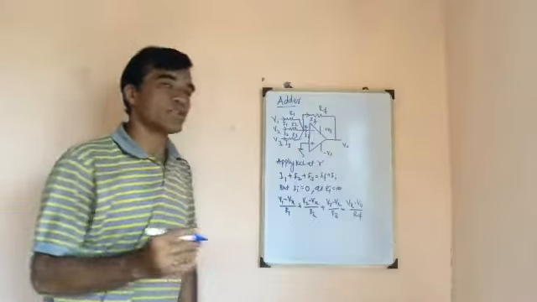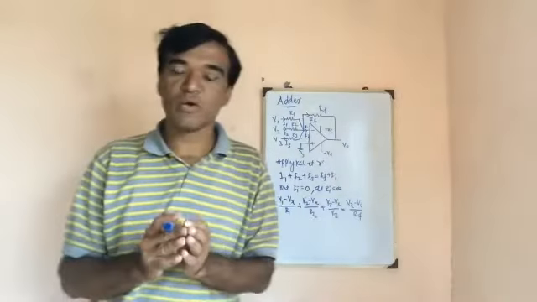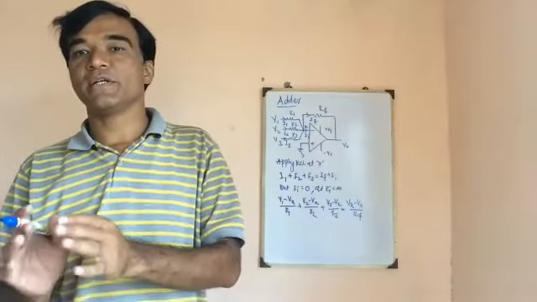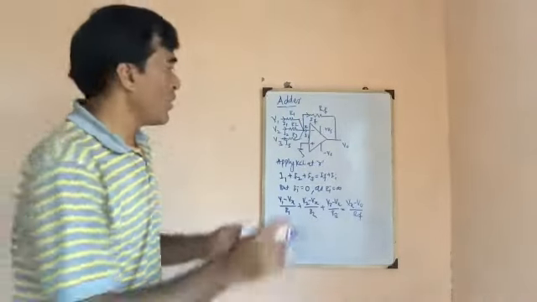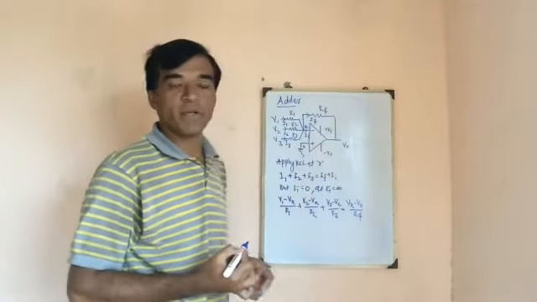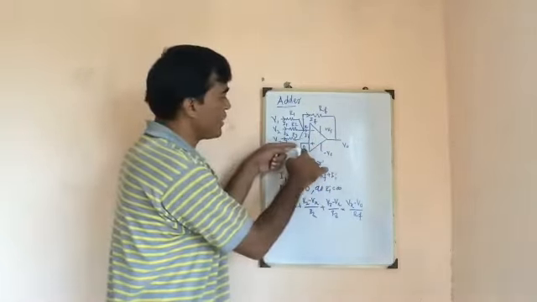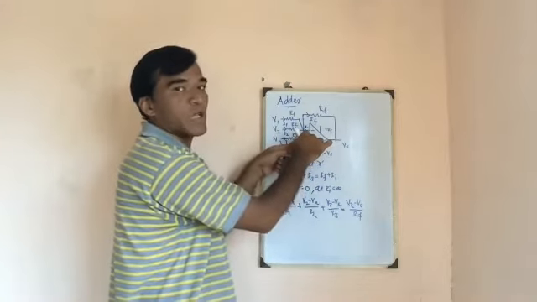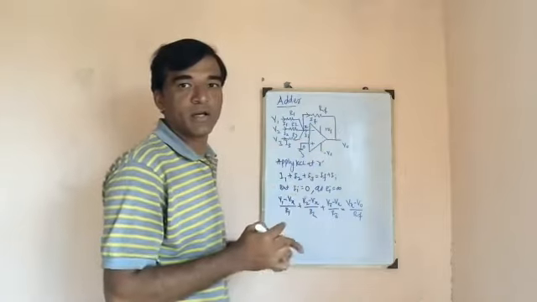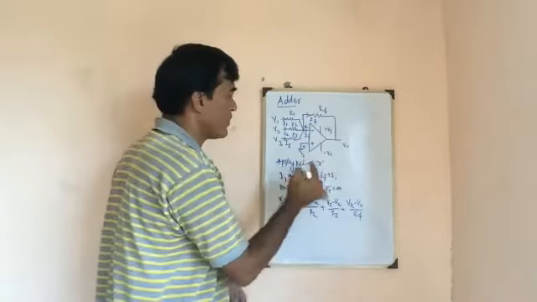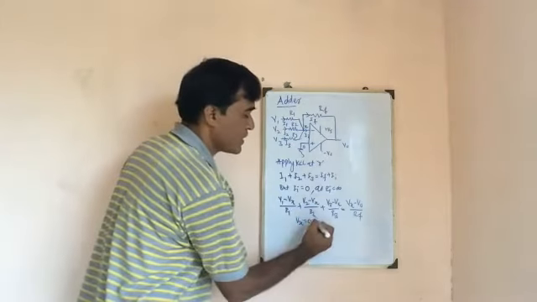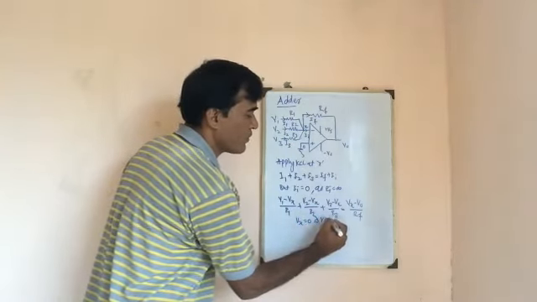By using the concept of virtual ground. What is the virtual ground concept? The voltage at the inverting terminal must be equal to the voltage at the non-inverting terminal. The non-inverting terminal is grounded, which means the voltage at this terminal is 0. This voltage must be at X also, because X is the inverting terminal. So Vx must be equal to 0 by using the concept of virtual ground.